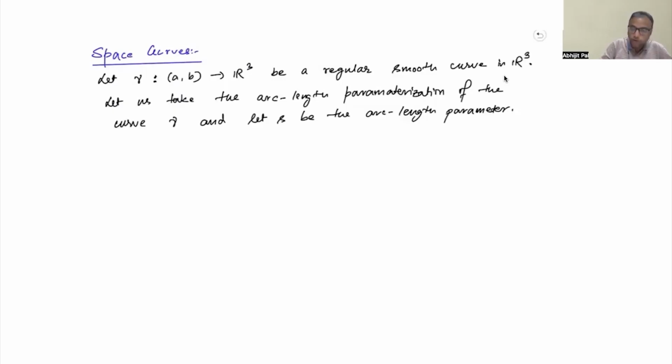As before, what is the meaning of the tangent vector? The tangent vector, in short I'll denote it as T. So T at the point s is nothing but gamma dot s.